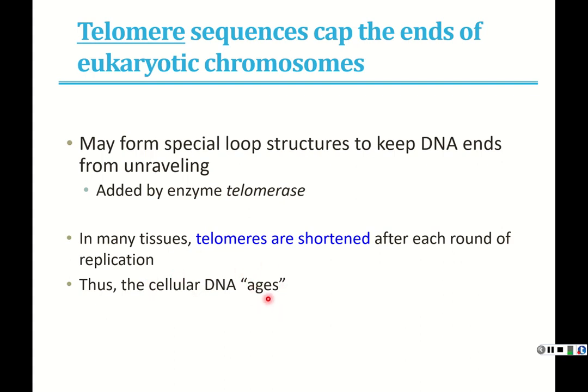And it's thought that one of the reasons we age is this telomere shrinkage, and there's research going on to actually study this and maybe prevent some of the bad parts about aging by being able to keep the telomeres extended or longer.